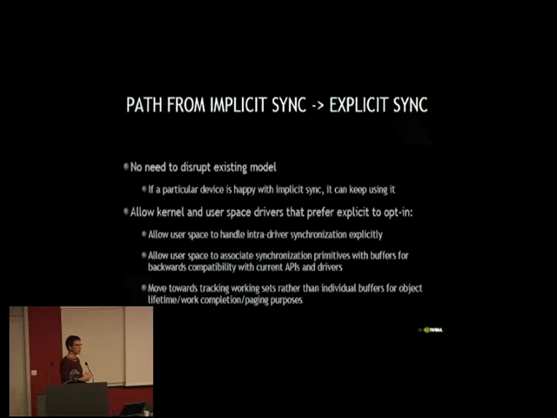I don't remember, was it Daniel who suggested that we add a new ioctl to the dma-buf FD to attach an explicit fence to it, and similarly to extract a fence from a dma-buf. And then the last bullet there is basically to resolve the problems of the previous slide. In order to allow us to not loop through all the buffers at each submit, we need to resolve how we track residency and synchronize that.